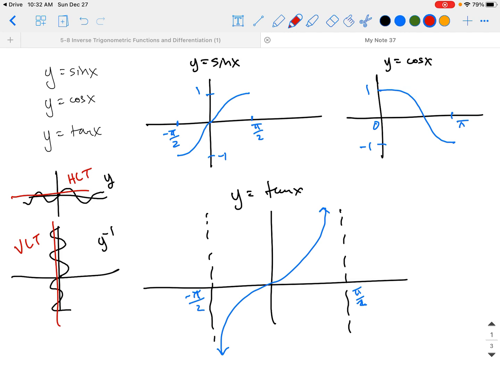So if we look at the sine graph, we can see that the sine graph is increasing everywhere here. And it is going to take on every value from -1 to 1 exactly once. Same is true for cosine. It's going to take on -1 to 1 exactly once. It is, however, going to be a decreasing function. And there are also going to be inflection points.